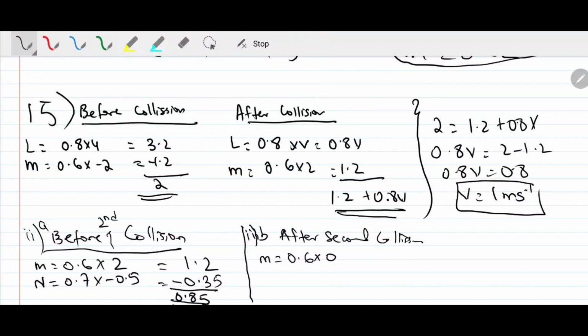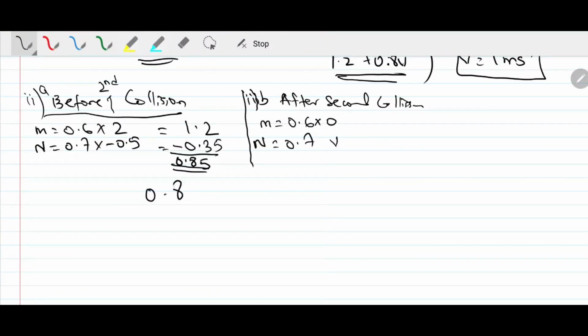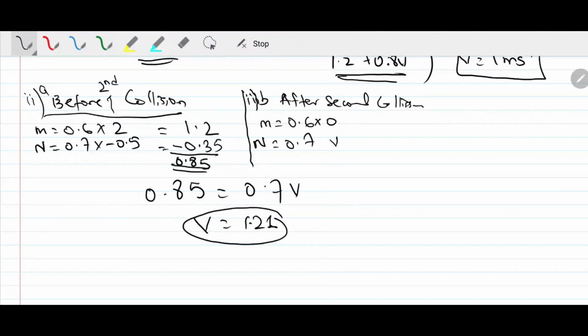Find the speed of N after this collision. N is 0.7 v. 0.85 is before collision, 0.7 v is after collision. V is 0.85 divided by 0.7, which is 1.21. This is the correct answer.